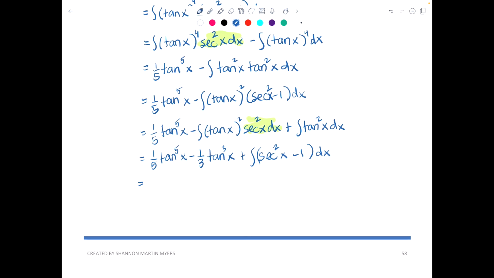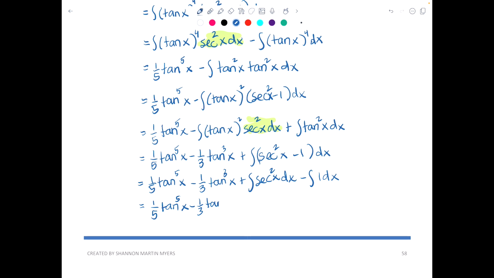So if you need to split the integral, you can. I'll show it by splitting the integral. We get the integral of secant squared at x dx, and then minus the integral of 1 dx. And finally, we can finish. I know these probably seem a bit intimidating.